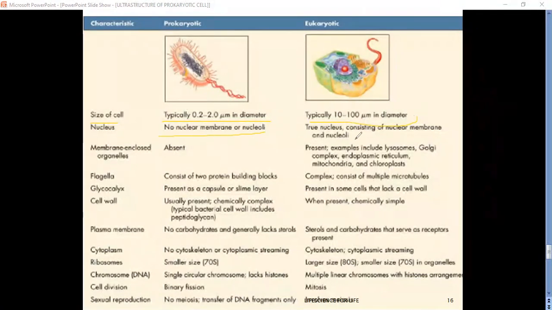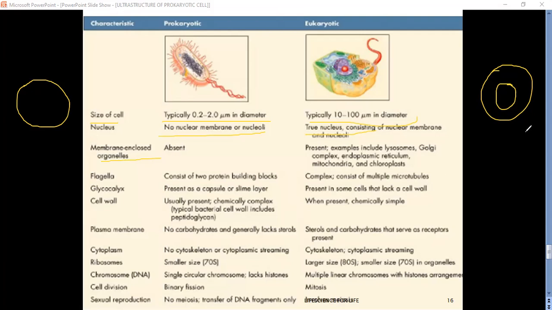No nuclear membrane, but eukaryotes have a true nucleus. So we already know that prokaryotes have no nucleus, but eukaryotes have a clear nucleus. Membrane-enclosed organelles are absent in prokaryotes. Eukaryotes have mitochondria, Golgi complex, endoplasmic reticulum, ribosomes, everything.